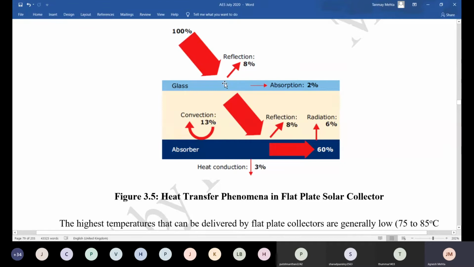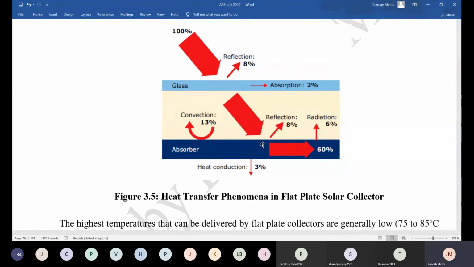Though we say that the glass is a transparent material, transmissivity is not 100%. Here it is shown that it is around 90%. So 8% loss by reflection and 2% by absorption, so 10% is actually lost because of the glass. Now the remaining portion enters into the collector and strikes the absorber plate.